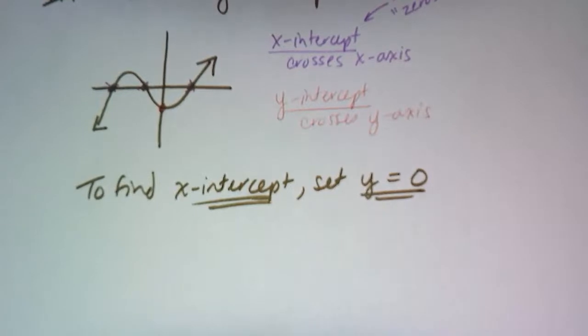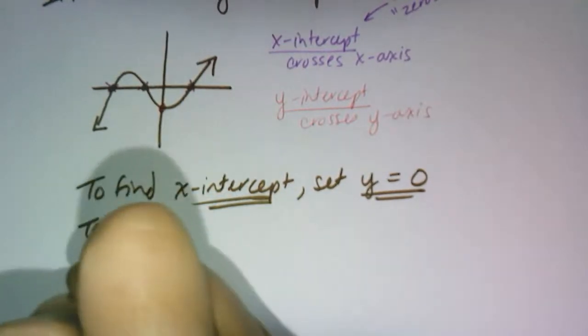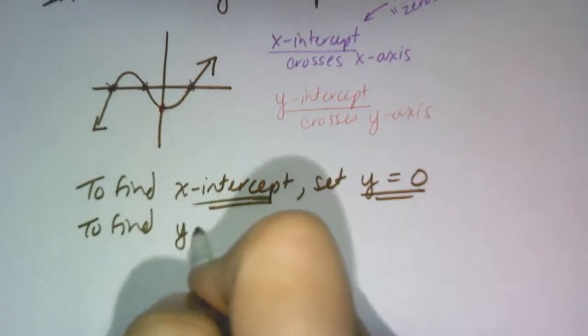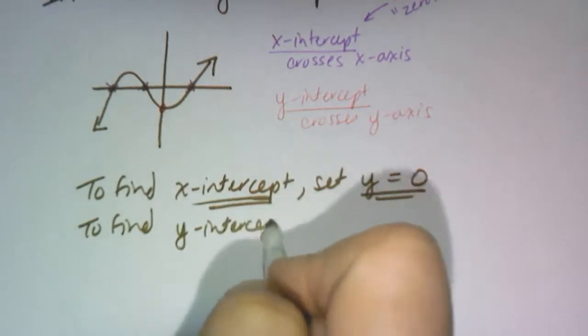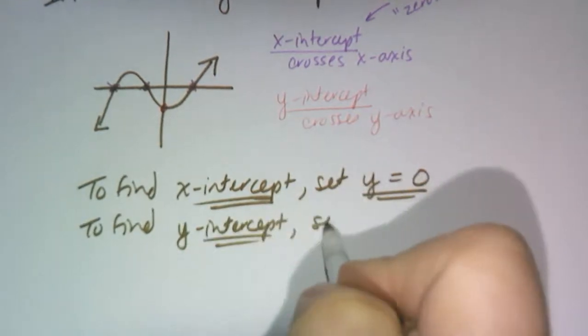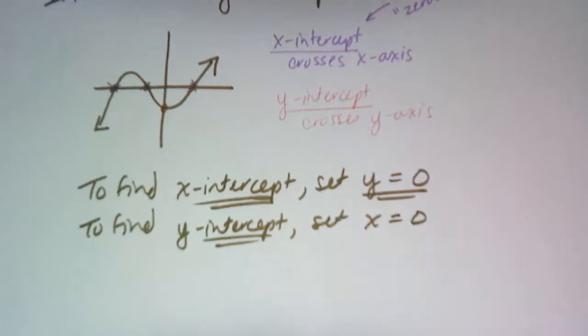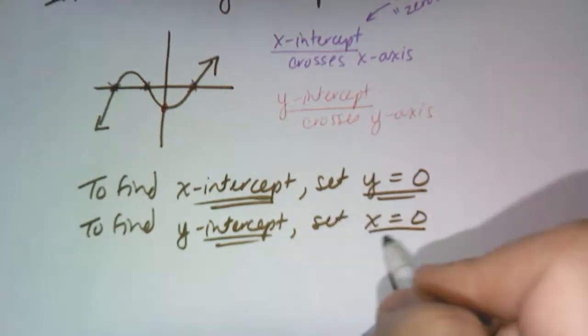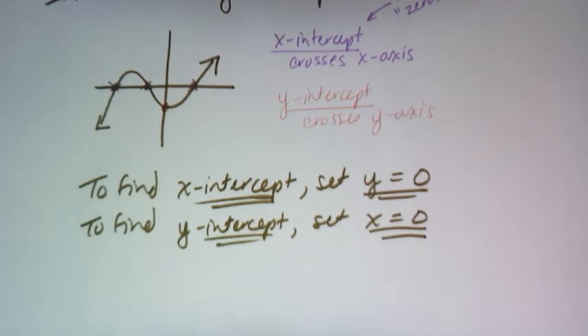Find an x-intercept, set your y equal to 0. If you want to find a y-intercept, take a guess what you do. That's right, kids. Set the x equal to 0. Okay? So this is what we're going to do.